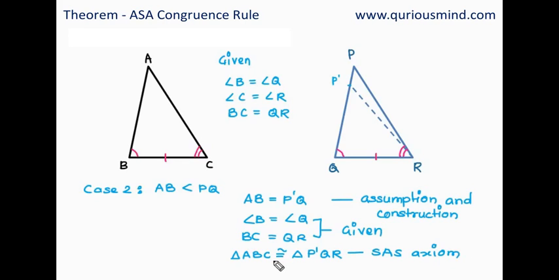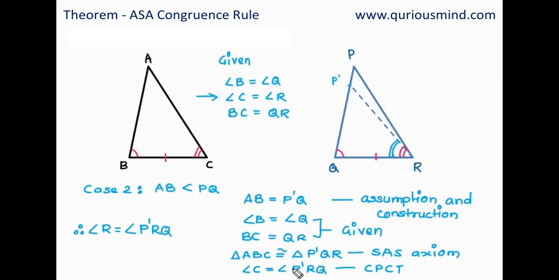Using CPCT, angle C is equal to angle P dash RQ. But we say angle C is equal to angle R, and angle C is equal to angle P dash RQ, and therefore angle R is equal to angle P dash RQ.